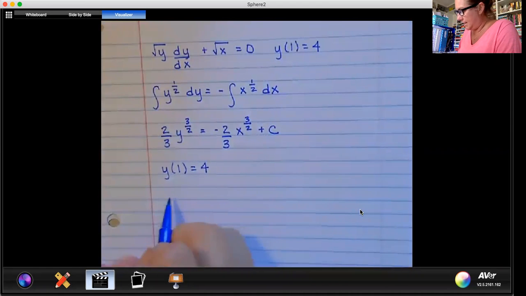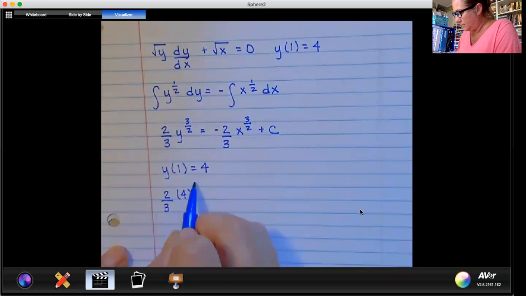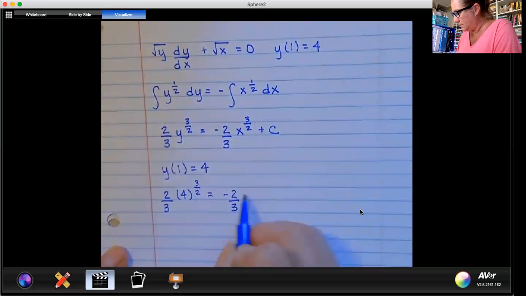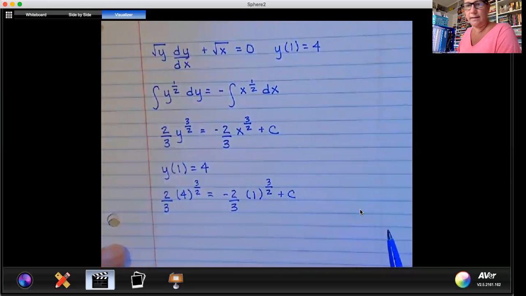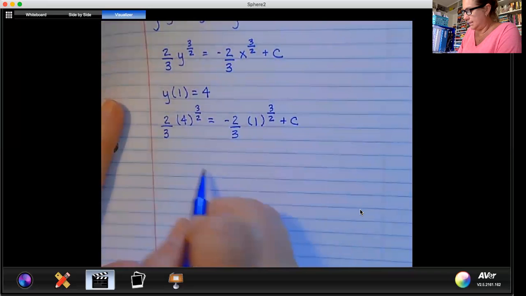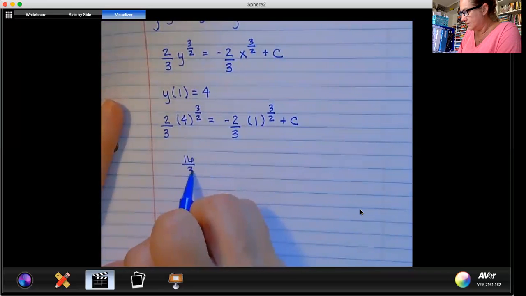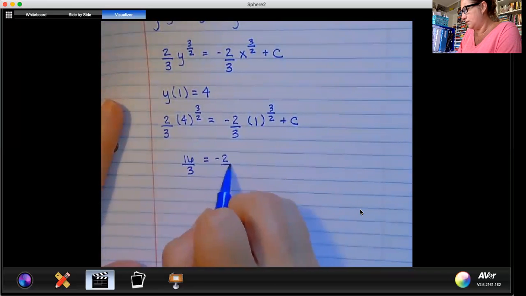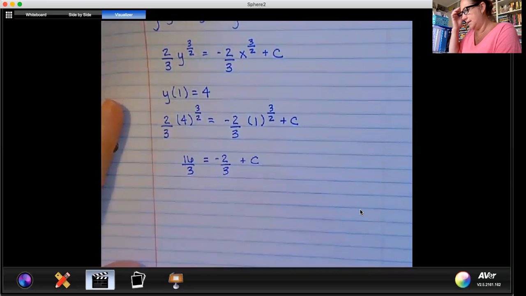I'm going to plug in and get 2/3 times 4 to the 3/2 equals negative 2/3 times 1 to the 3/2 plus c. And when I use my calculator, I get 16/3 equals negative 2/3 plus c. So c is 6.